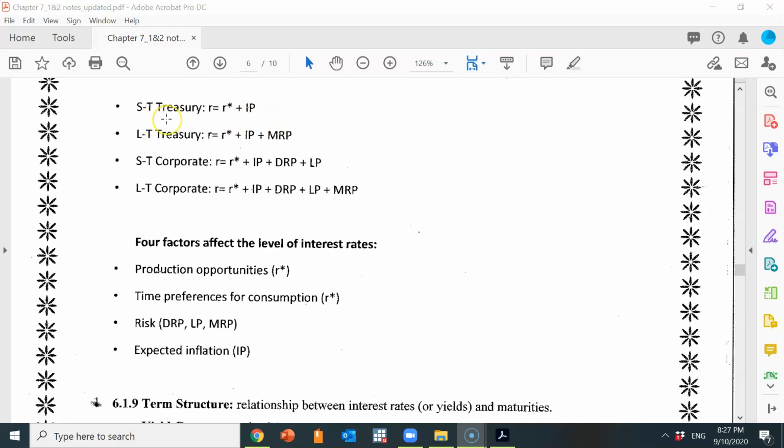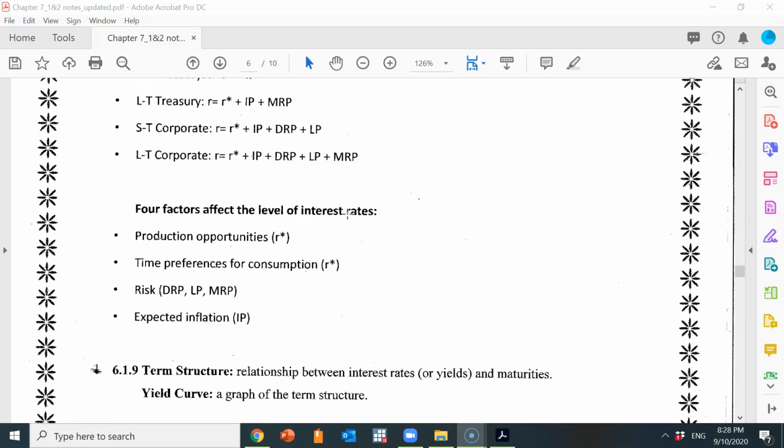Because it's Treasury bonds, it doesn't have DRP and LP. For long-term Treasury, it is long-term, so it has MRP, but because it's Treasury, it doesn't have DRP and LP. For corporate bonds, they have DRP and LP, but for short-term, they don't have MRP, and for long-term, they do have MRP.